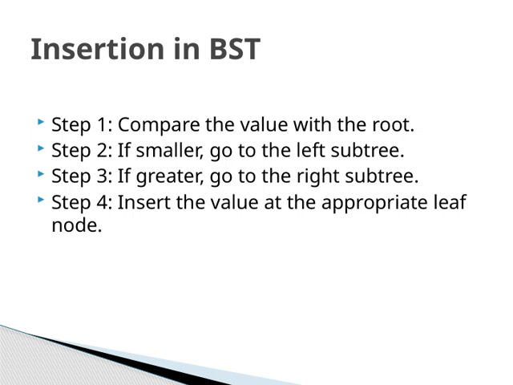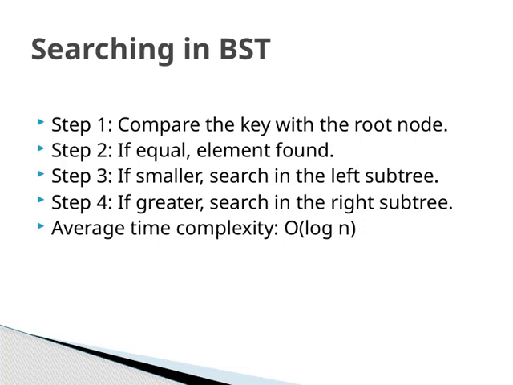Let's walk through the process of searching in a binary search tree. First, we compare the key we're looking for with the root node. If they are equal, then we've found our element. If the key is smaller, we move to the left subtree and continue the search there. If the key is greater, we go to the right subtree. This process repeats until we find the element or reach a leaf node.